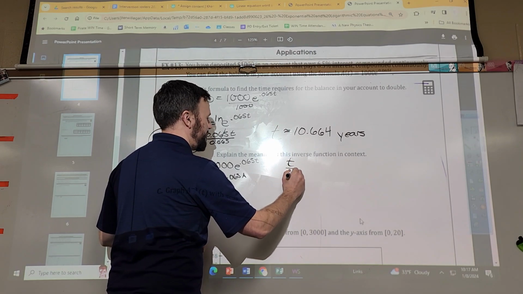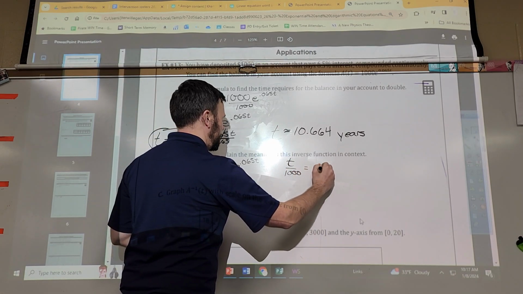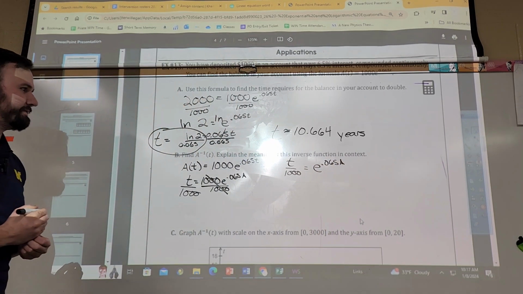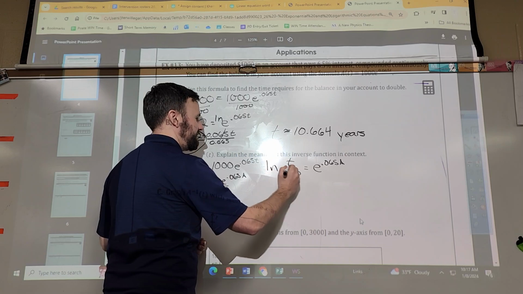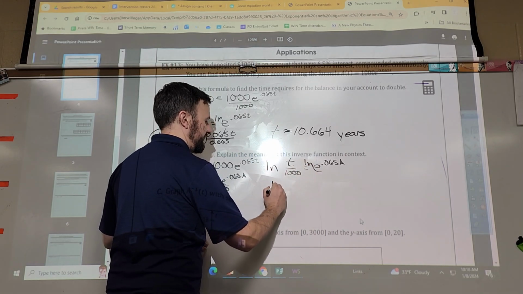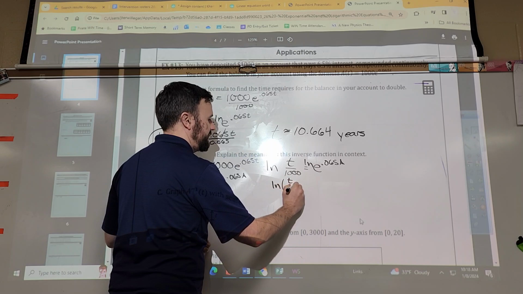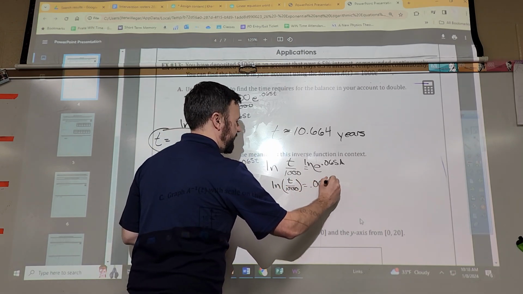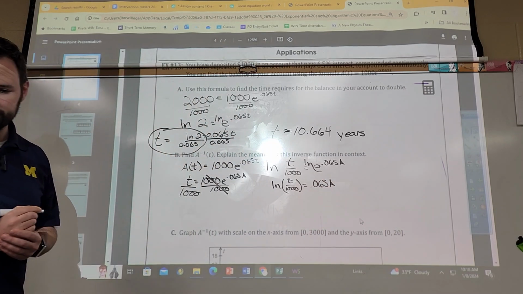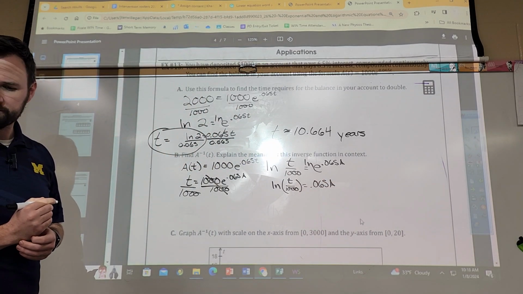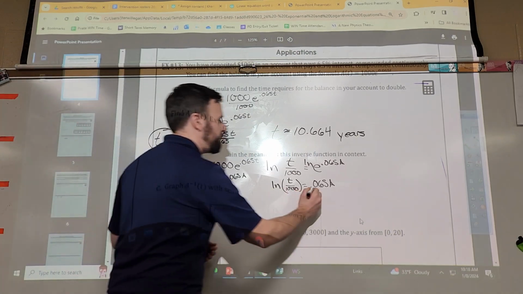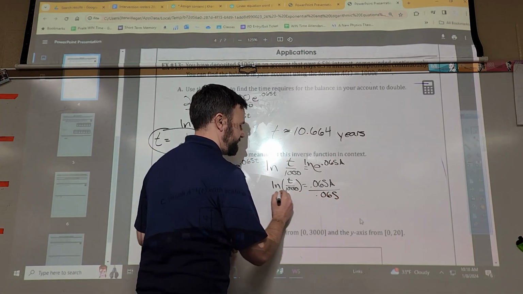So I have t over 1,000 equals e to the 0.065 A, right? How do I get rid of an e? Natural log it. So I get natural log of t over 1,000 equals 0.065 A. And divide by 0.065.